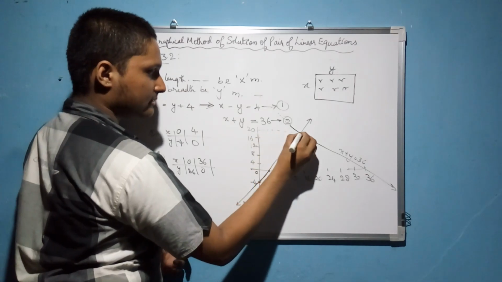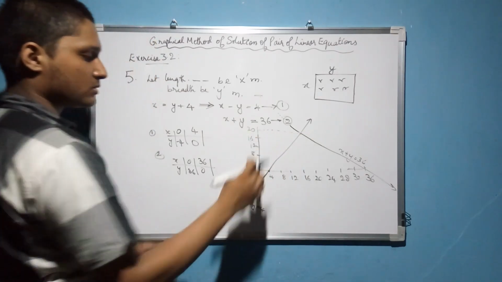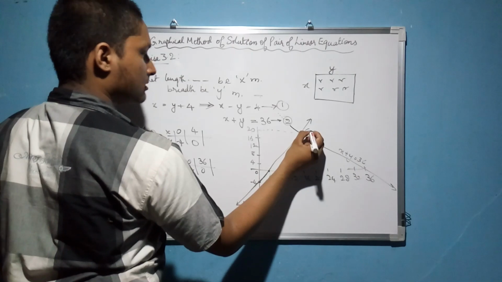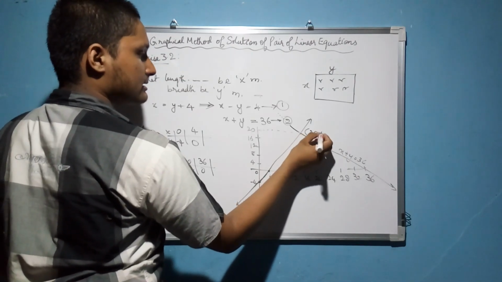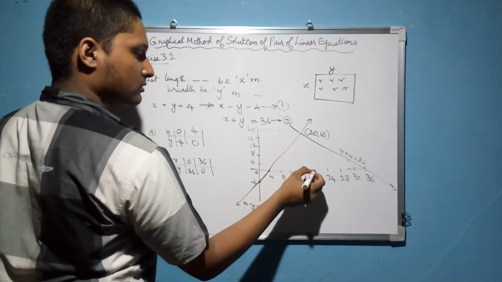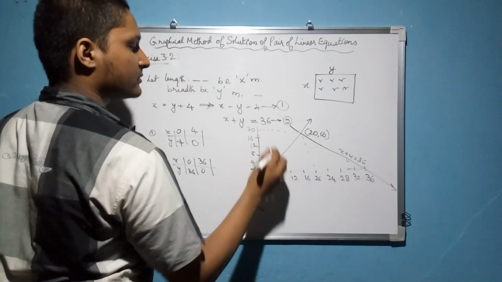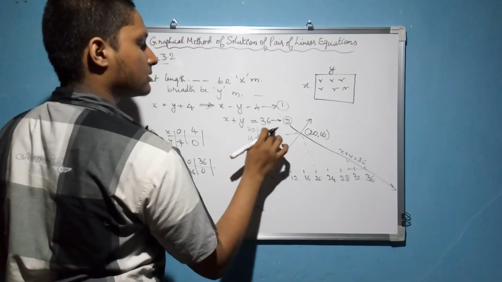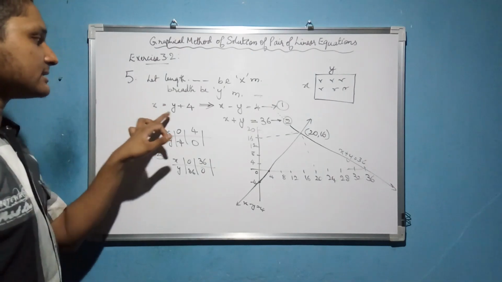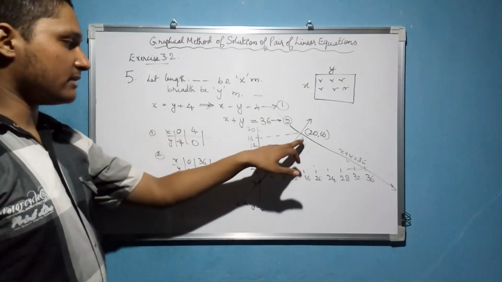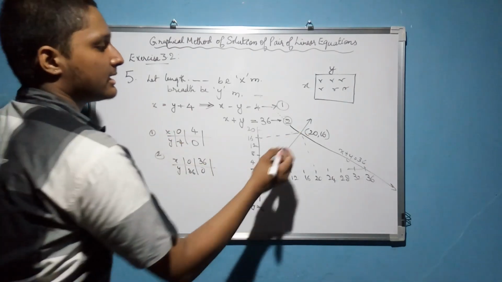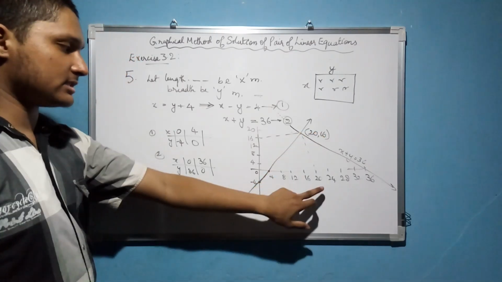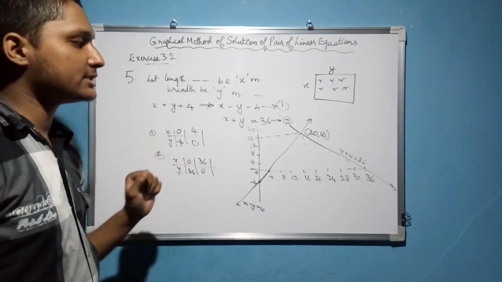This is 20, so this was the y-axis. Oh, it had to be coming like this, because x is 4 more than y. Therefore it is 20 comma 16. X is going to be 20 and y is going to be 16.